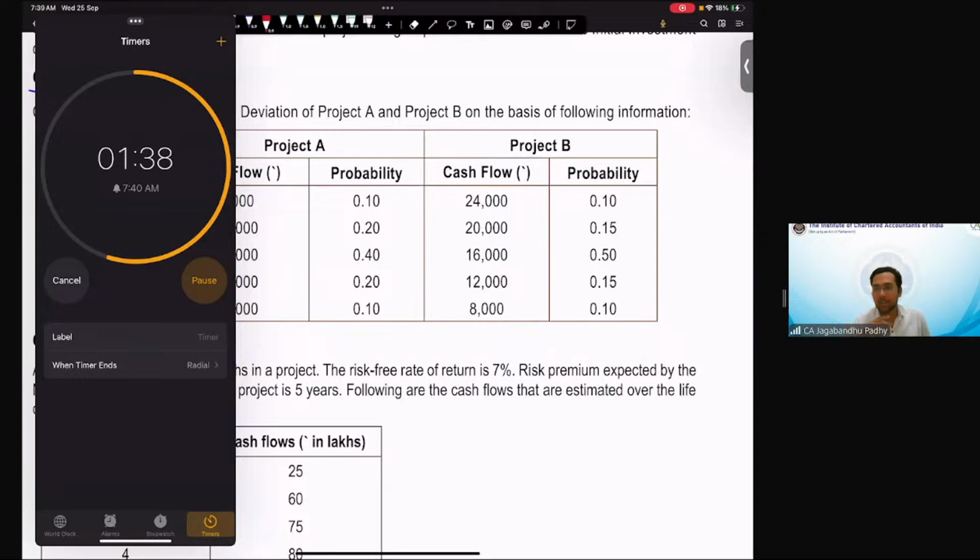Okay, so I can see expected cash flow is already arrived at, and one of you has also got the variance. I'll not disclose the variance now. Let the students try quickly. 415. Okay, good.